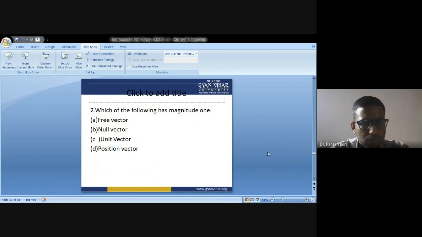Free vector, null vector, unit vector, position vector. A vector whose initial position is at the origin is: free vector, position vector, unit vector, none.